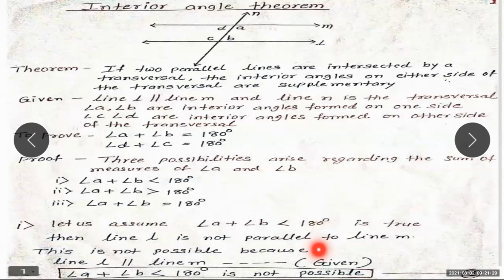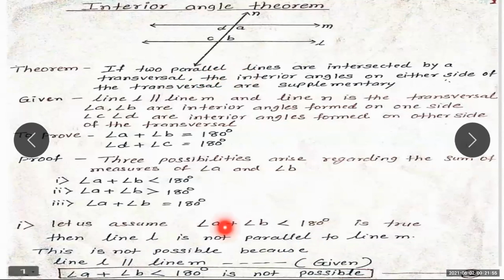Okay, so line L is not parallel to line M, and that is not possible, because what is given in the statement clearly mentions two parallel lines. And if those are two parallel lines, these two angles are a pair of interior angles, and that should be equal to 180.